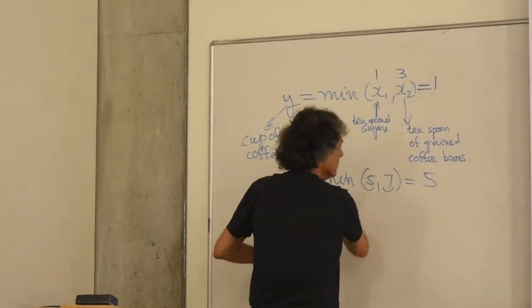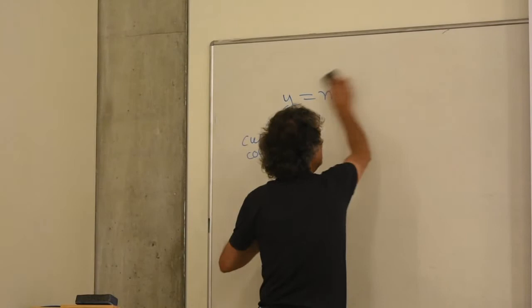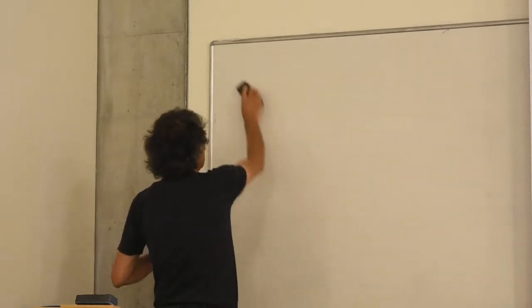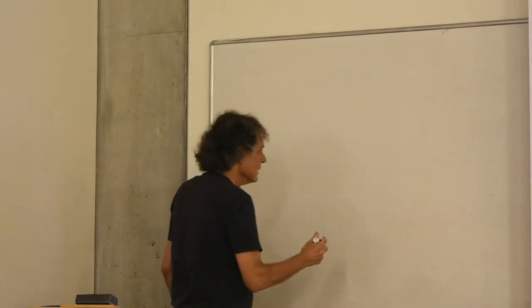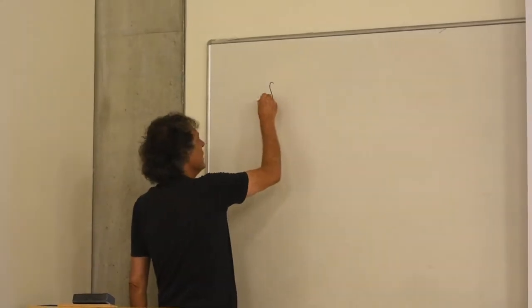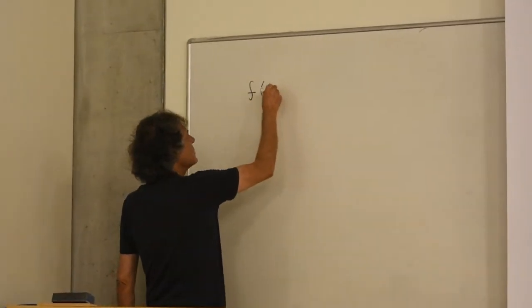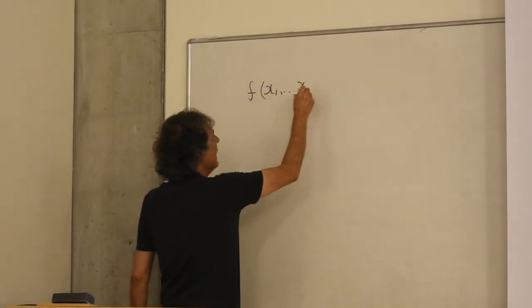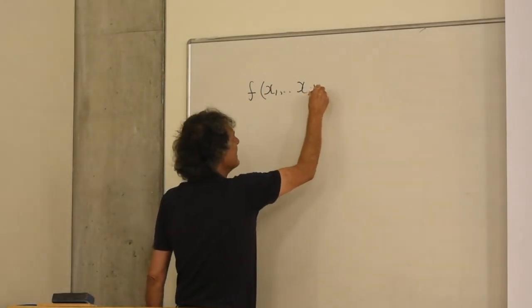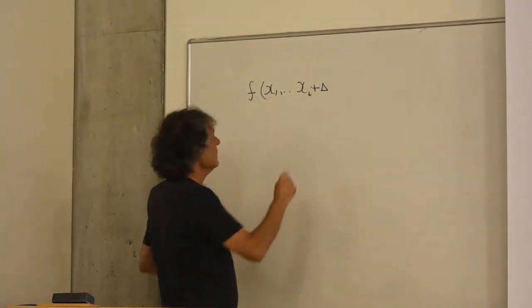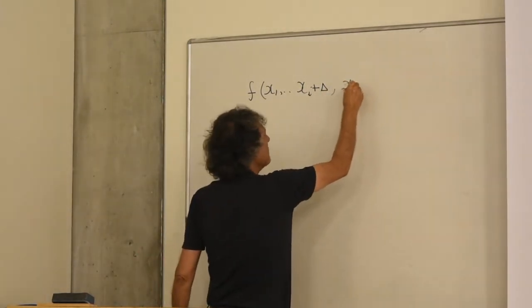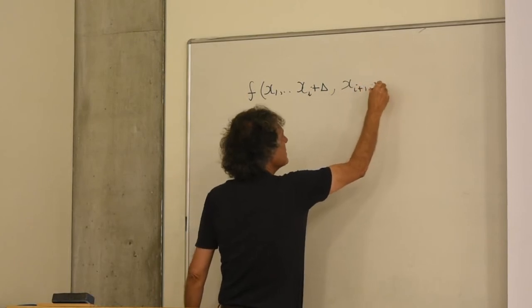I don't want to take too much of your time, but let me try to explain it. What do I do? Instead of looking at f(x1, ..., xi, ..., xn), when I get to xi, I put plus some delta. So I take an increment of xi, and I continue with xi plus 1, up to xn. I don't change the others.